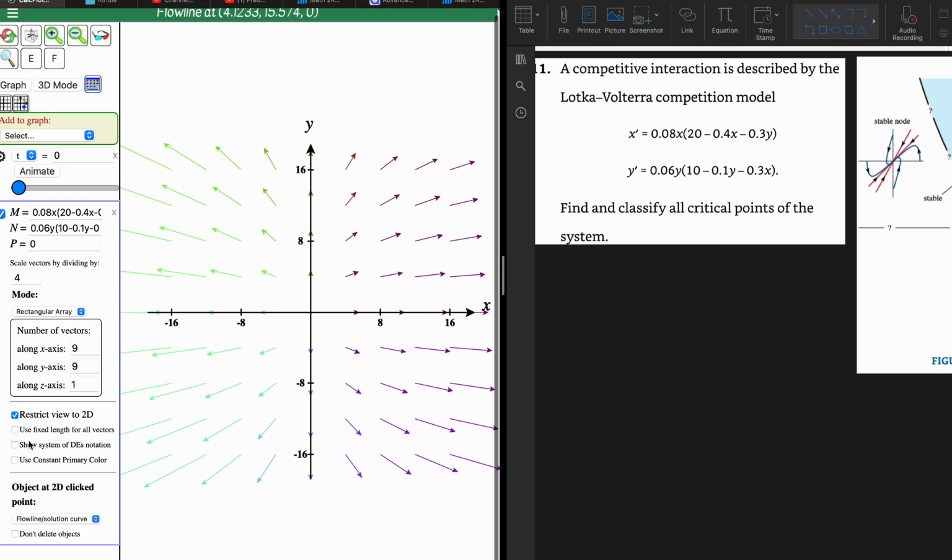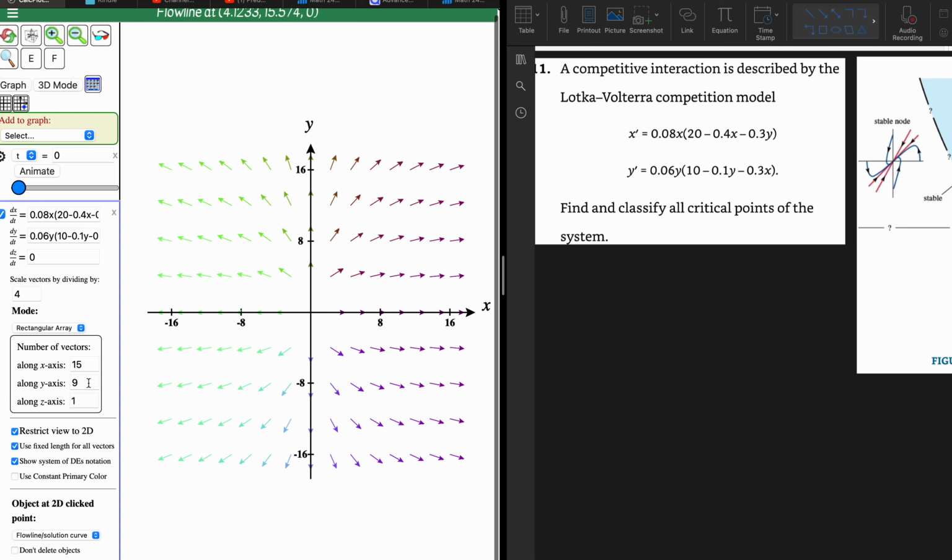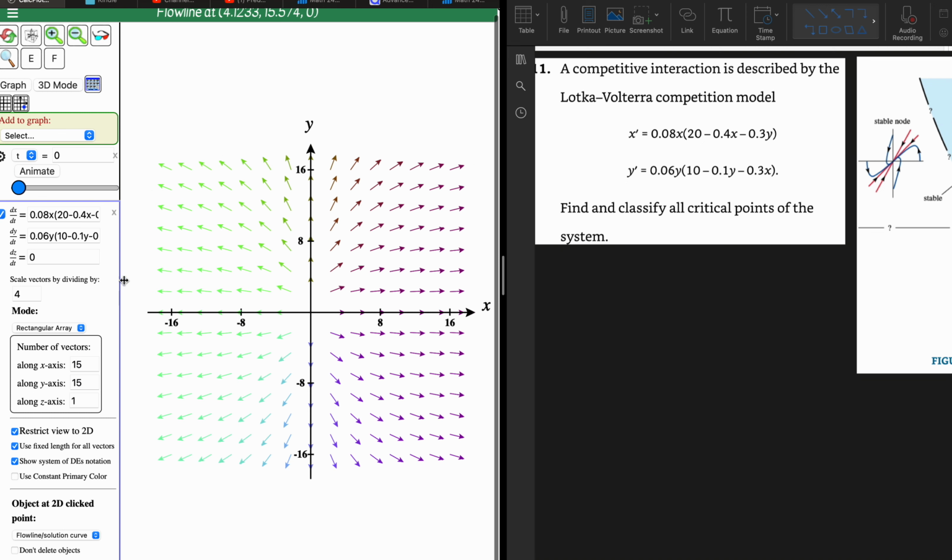Now we're going to say, well, show differential equations notation. Use fixed length for all vectors. And then let's put more vectors in. 15 here and 15 here.